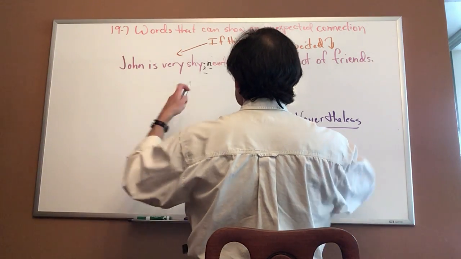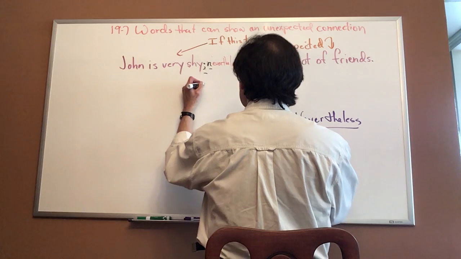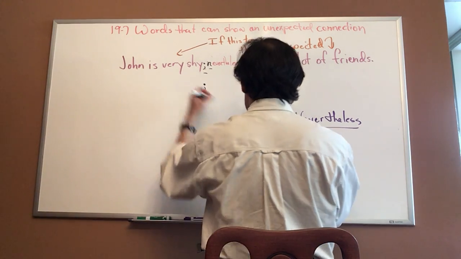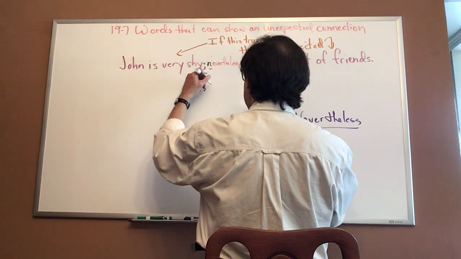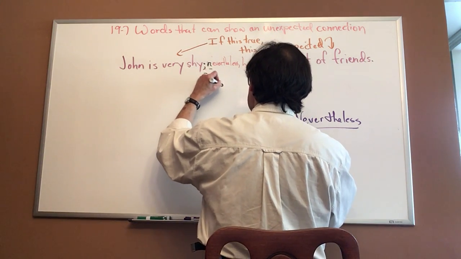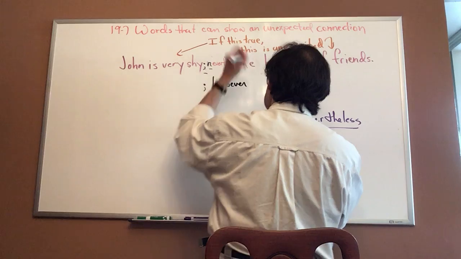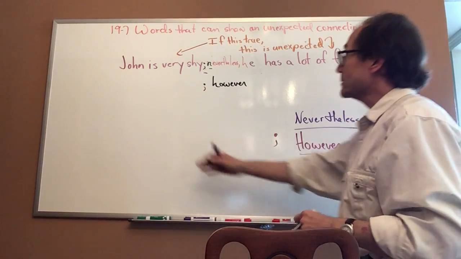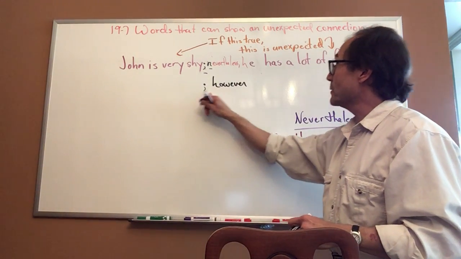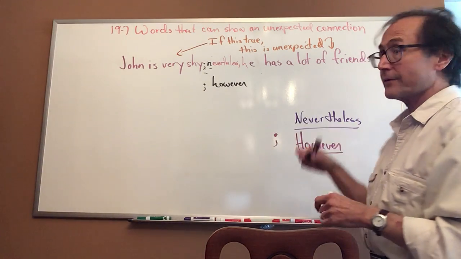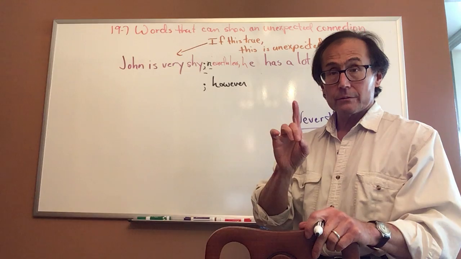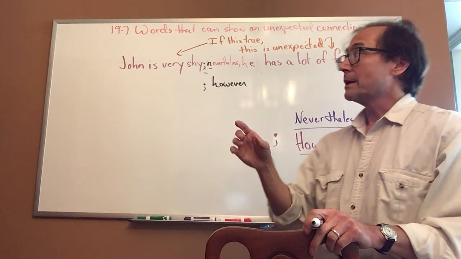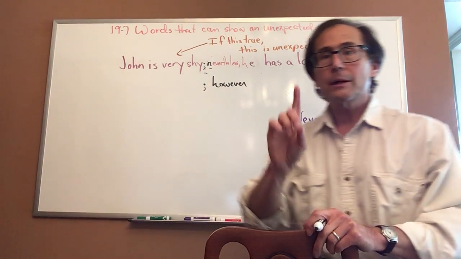If I want to use a semicolon, I could put semicolon, and then, however, he has a lot of friends. John is very shy, semicolon. However, he has a lot of friends. Now, however, if I want to, let me back up.